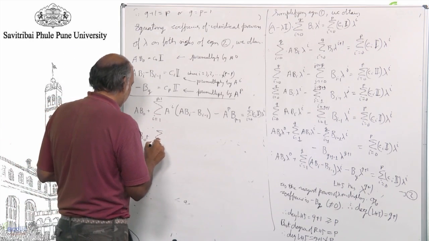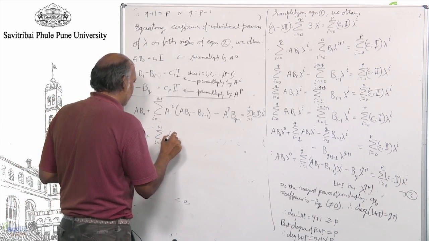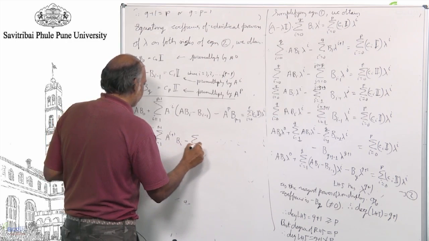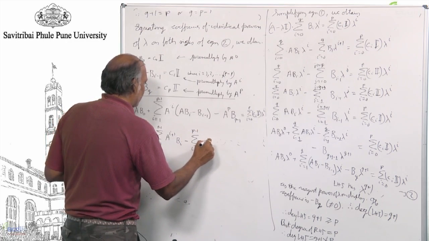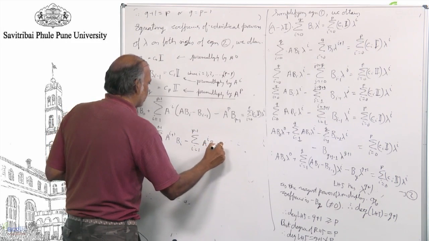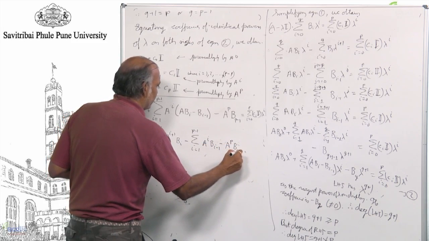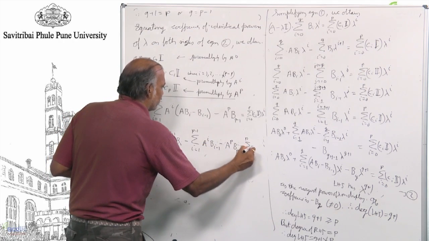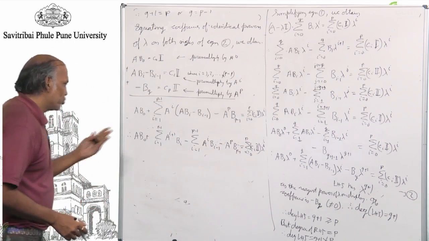You have sigma over i equal to 1 to p minus 1 of A to the power i plus 1 b_i, minus sigma over i equal to 1 to p minus 1 of A to the power i b_{i-1}, minus A to the power p b_{p-1}, equal to sigma over i equal to 0 to p of c_i identity into lambda to the power i, and I try to process this further.